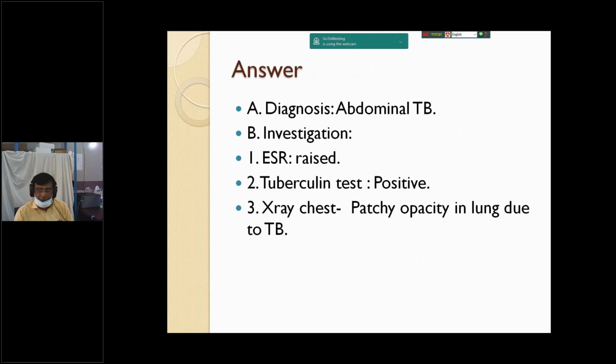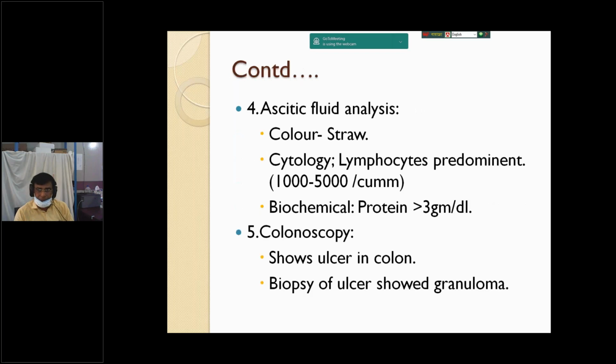First, blood ESR which will be increased, tuberculin test will be positive, and X-ray chest will show patchy opacity in lung due to TB. And fourth investigation, ascitic fluid analysis, color is straw color, cytology, lymphocyte predominant, biochemical protein increased and glucose decreased.